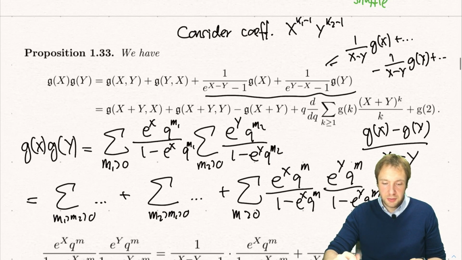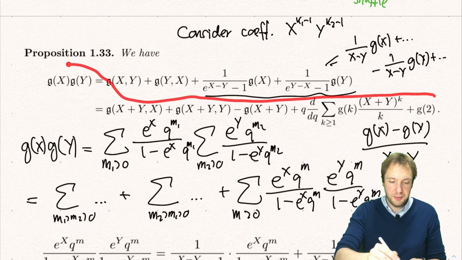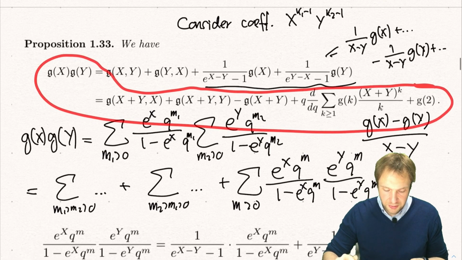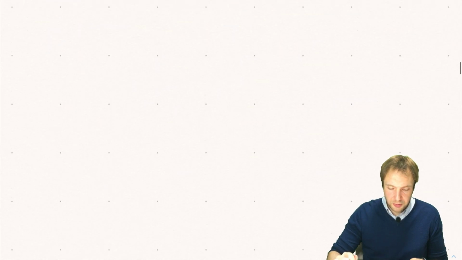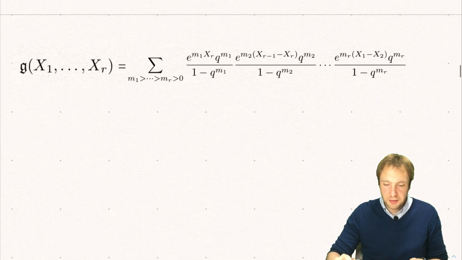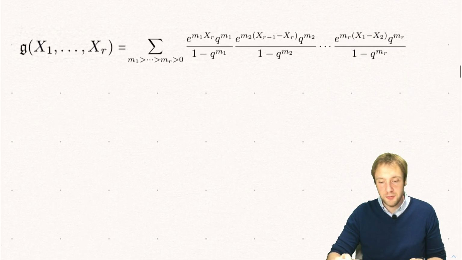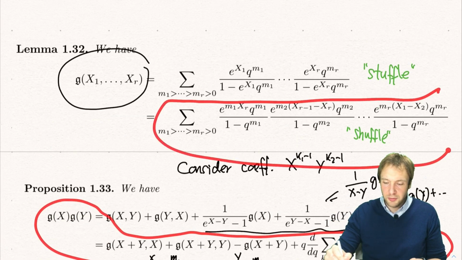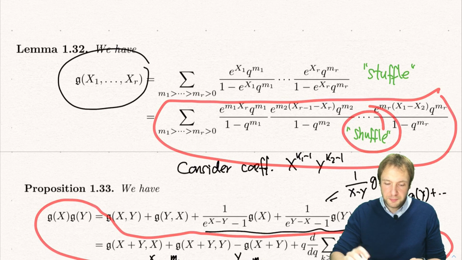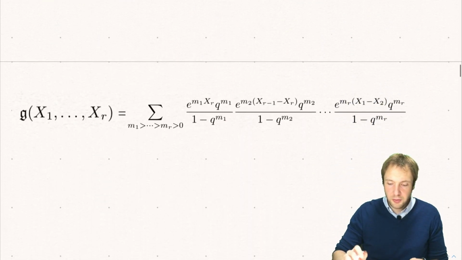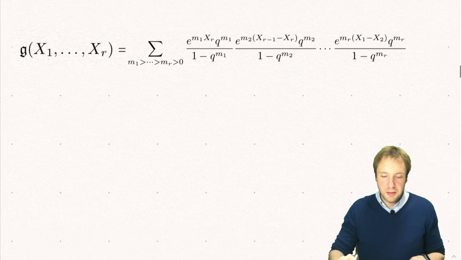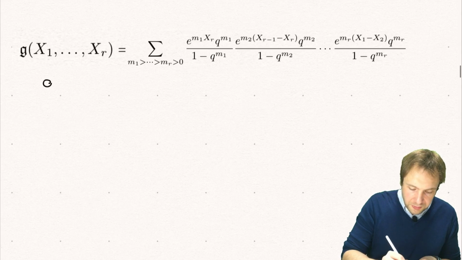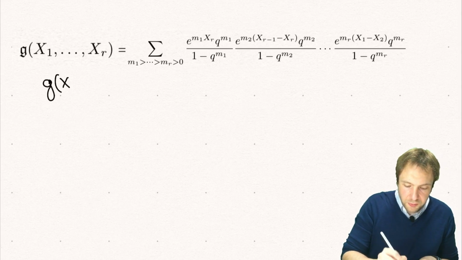Okay, so now the second formula, this one here, how to evaluate this. So here we will now use the second expression here, which I called here the shuffle expression. And here I just recall what this expression looks like. So let's write this down in the case r equals 2.